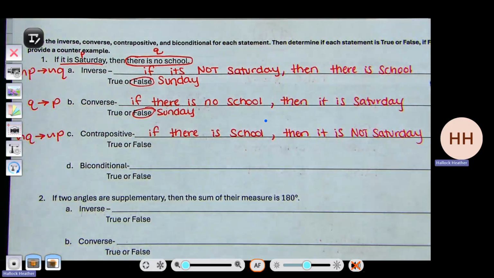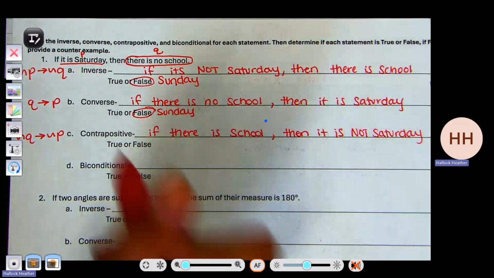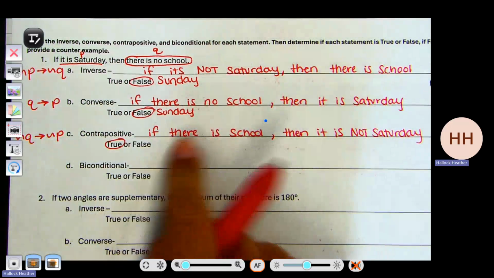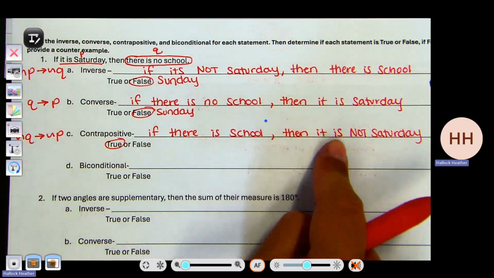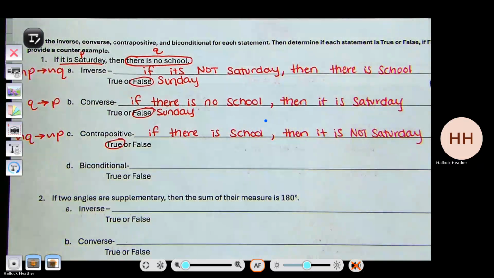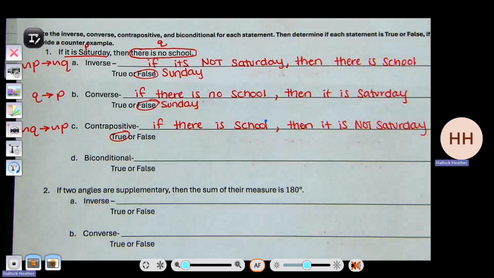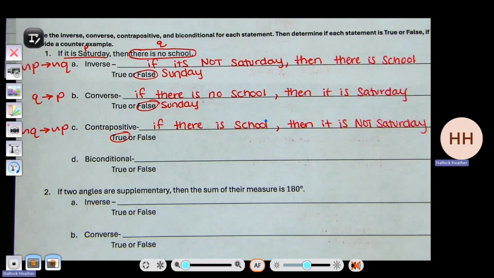Is that true or false? Yeah. No, it's not. This is true. If there is school, it's definitely not Saturday. It's one day of it. Some people will pick it up, some people won't. It is on your test, which is silly, but here we are.